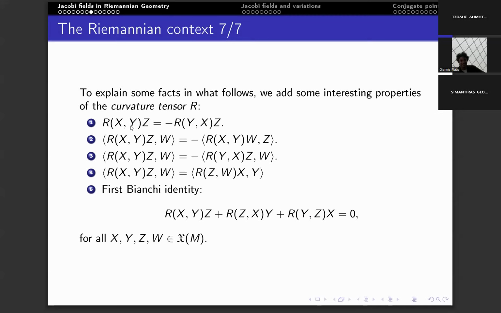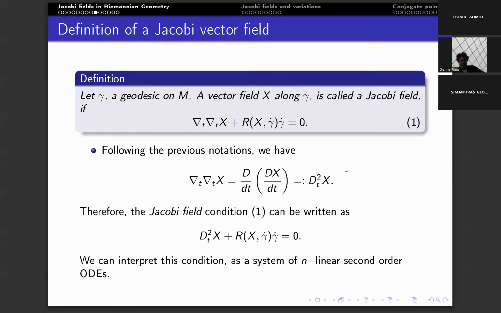Here is the antisymmetry using the first two arguments, and this is the first Bianchi identity, a Jacobi type identity for R. And now we can go to the definition of a Jacobi field. We start with a Riemannian geodesic gamma on M, and a vector field X along gamma is called a Jacobi field if it satisfies this equation.